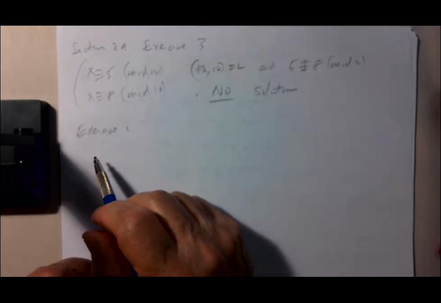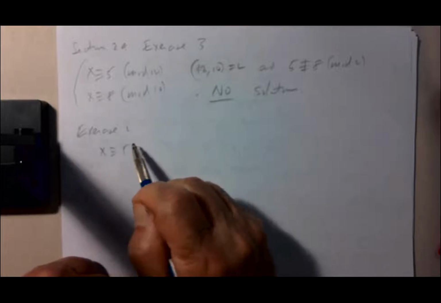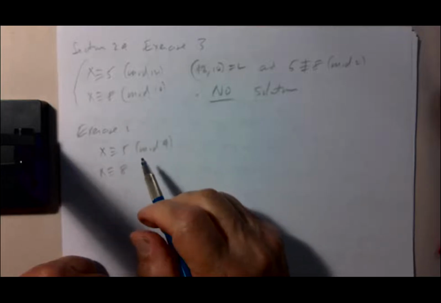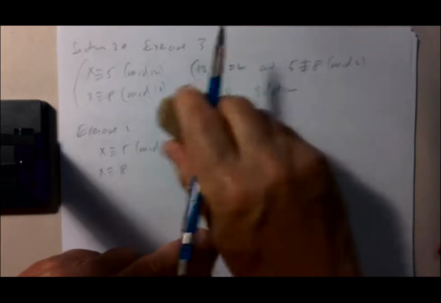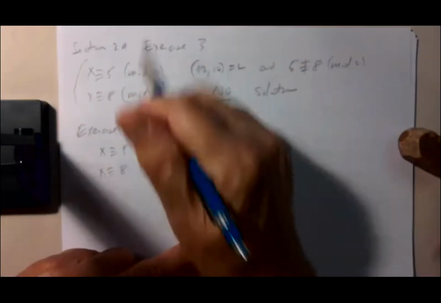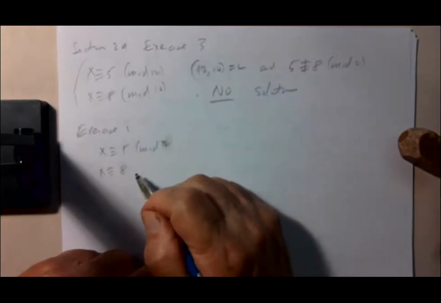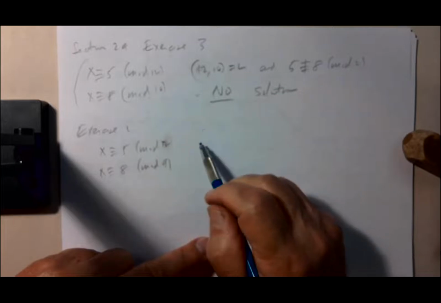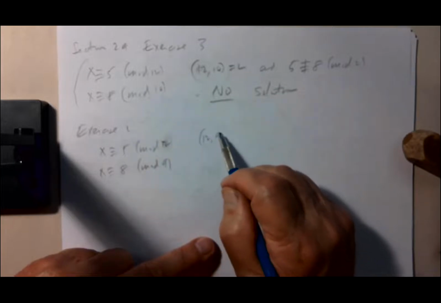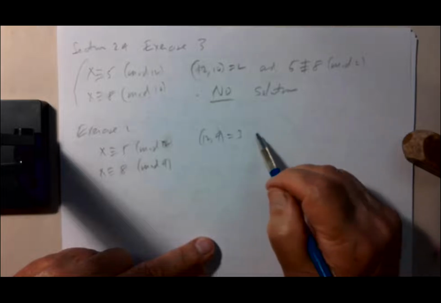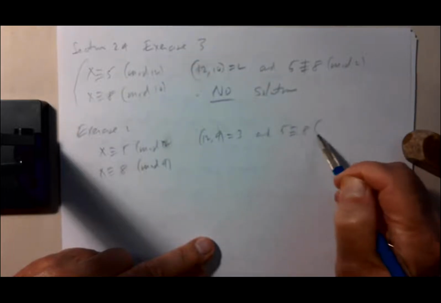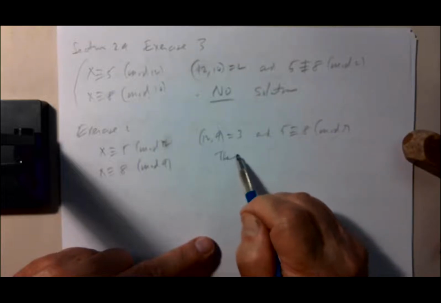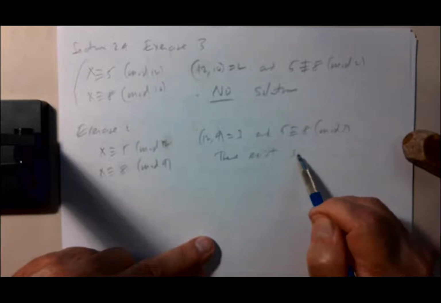Exercise 2, we have x congruent to 5 mod 12 and x congruent to 8 mod 9. So in this case, the greatest common divisor of 12 and 9 is 3, and 5 is congruent to 8 mod 3. So therefore, there exist solutions.